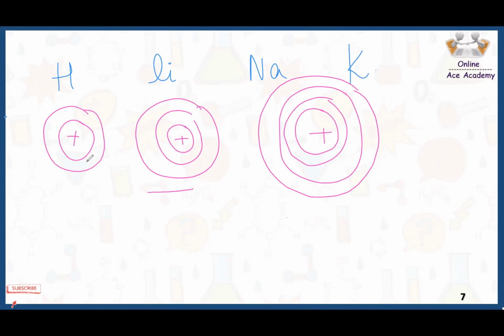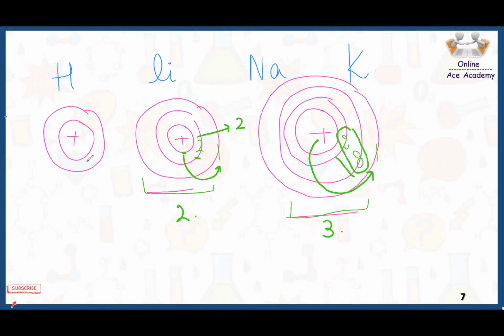Let's compare lithium and sodium. If we compare them according to the number of shells, here we just have 2 shells and here we have 3 shells. Due to these shells, we have a greater atomic number. Here we have 2 inner electrons and here we have 10 inner electrons. Between the nucleus and the outermost shell, we have 2 electrons here, and 10 electrons here.